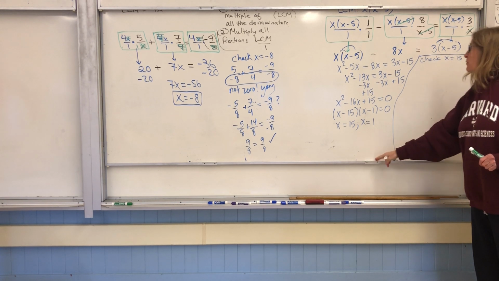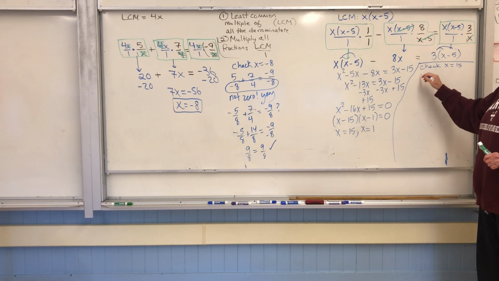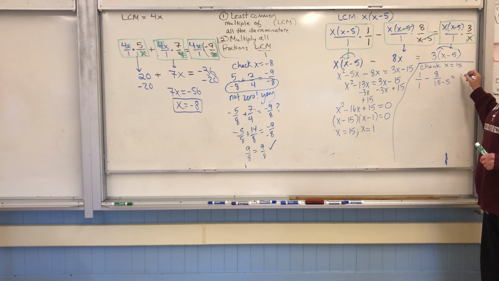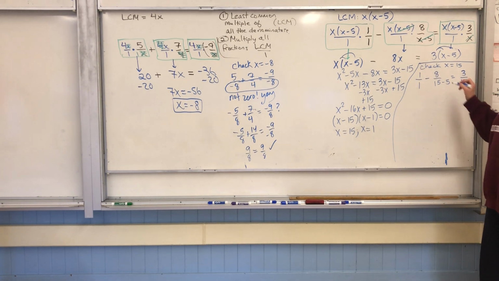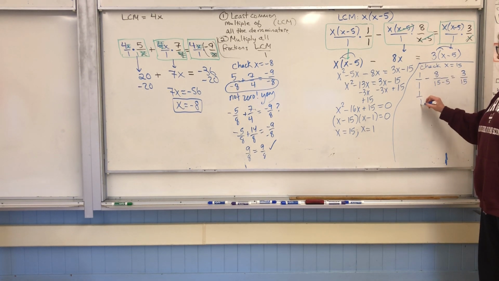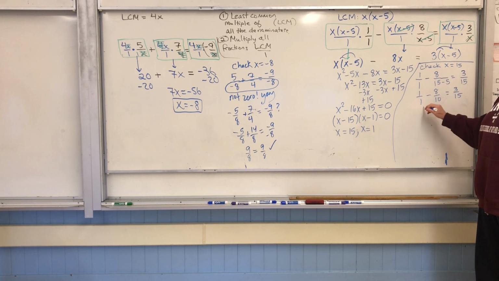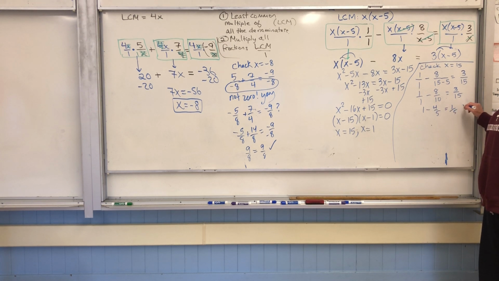So here's my original problem right here. I'm going to do 1 over 1 minus 8 over 15 minus 5 equals 3 over 15. So that is 1 over 1 minus 8 over 10. Does that equal 3 over 15? Yep, it does. That's the first one. So we're good with that.